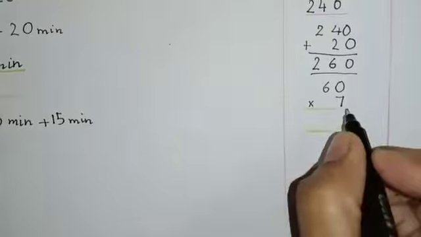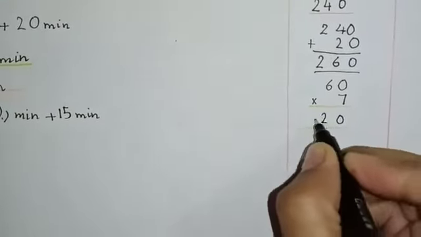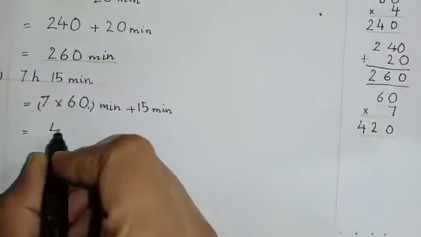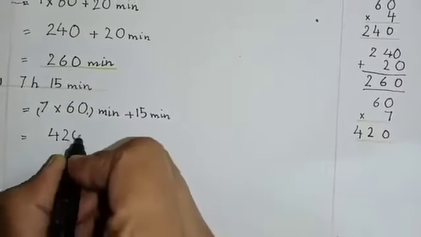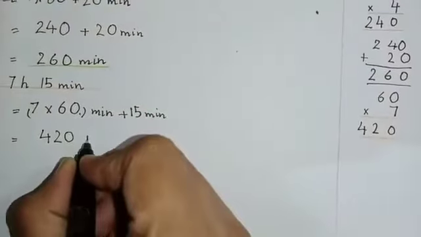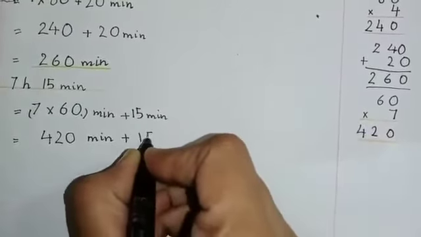Now we will solve it. 7 sixes are 42, so the answer is 420 minutes. 420 minutes plus 15 minutes.